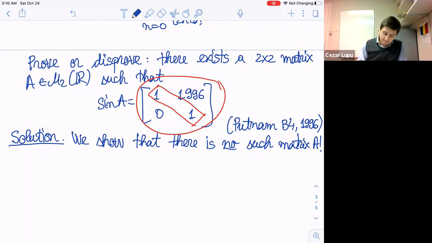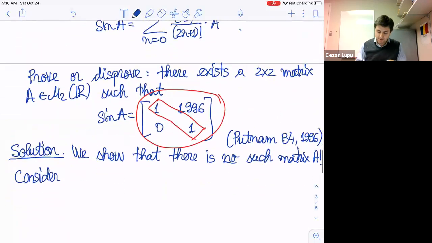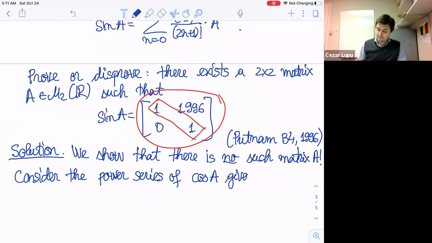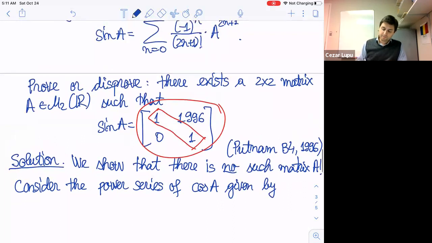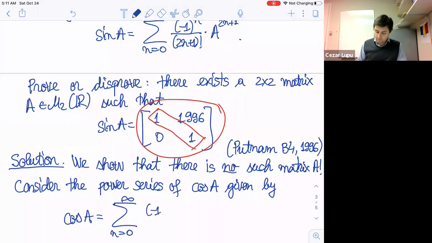The sine has the odd powers, so the cosine will have the even powers. So cosine of A is the sum from n equals 0 to infinity of (-1)^n over (2n)! times A to the power 2n, right?